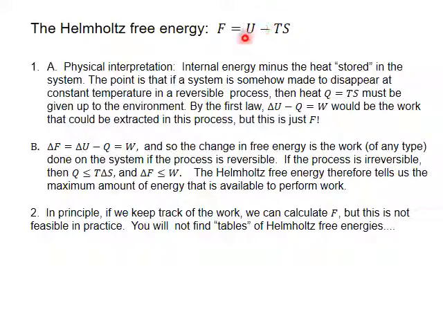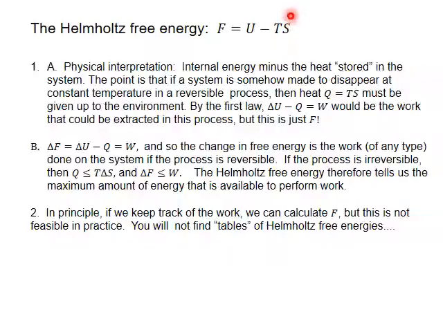It does. In this case, we're starting out with internal energy and we're subtracting off essentially the heat that is stored in the system. That's objectionable language to some people. But if somehow I were to make my system completely disappear under constant temperature conditions, this S would have to be transferred to the environment. The second law requires that.